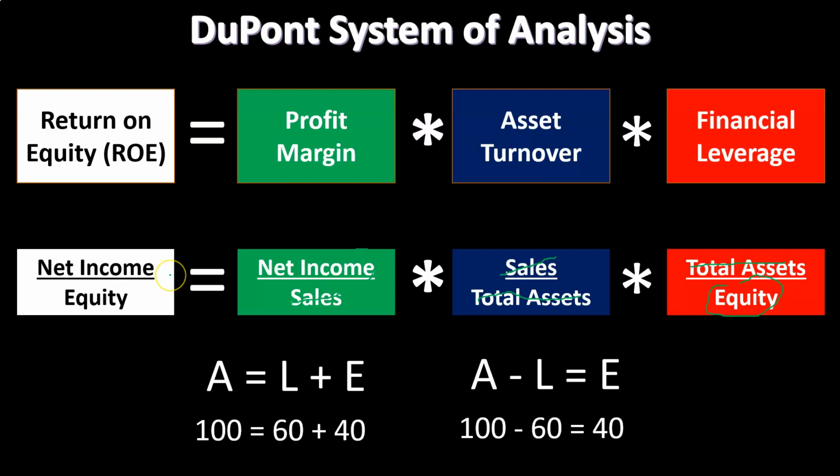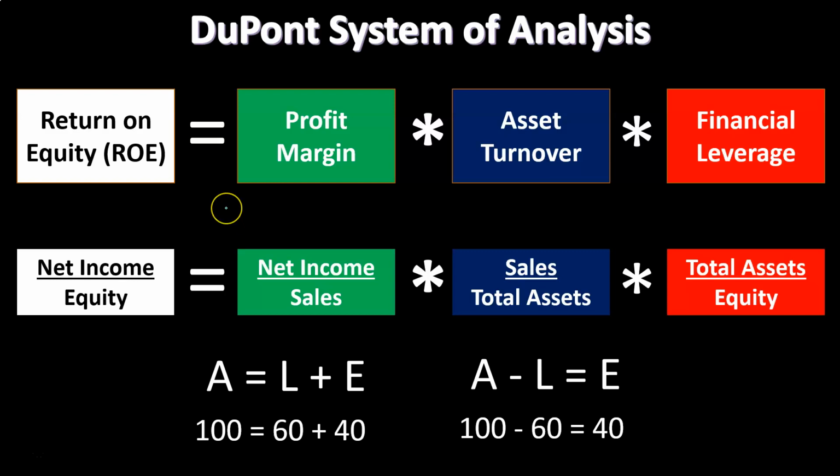So we basically just broke out the return on equity into these three components. Now we can focus in on these three components and look at past performance for a company and see what their profit margin is compared to their turnover, compared to their financial leverage. And if we want to make changes in the future, we can make changes to any of these three components and think about them from a more isolated standpoint so that we can deconstruct what is actually happening.